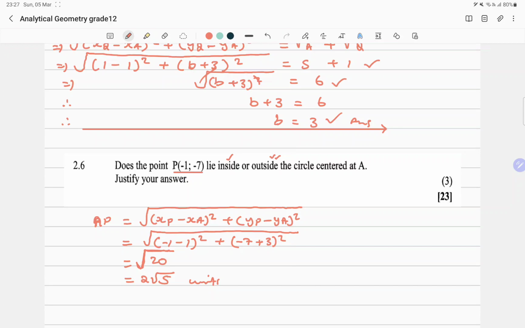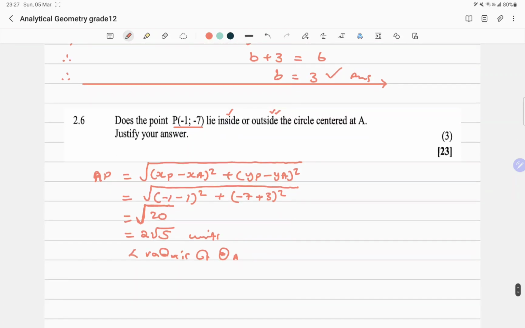We multiply that by 2 and we're getting about 4.5, which is less than the radius of circle A. Therefore, P lies inside circle with center A. So that is how you answer a question like that.